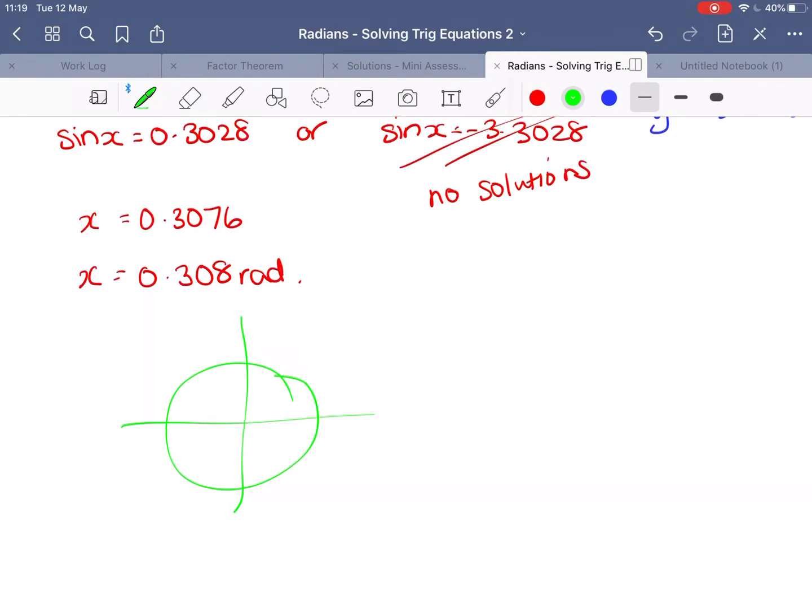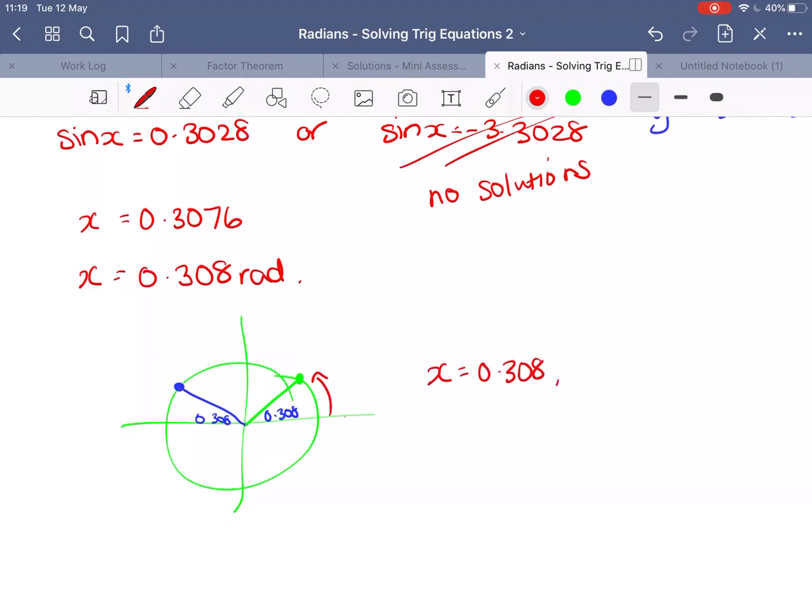So we know our sine x is up here. We know that that's 0.308 radians. Sine is the height of this little triangle that we can create. So the other one is over here where that's 0.308. So our solutions are, well, we've got the first one, 0.308 radians.